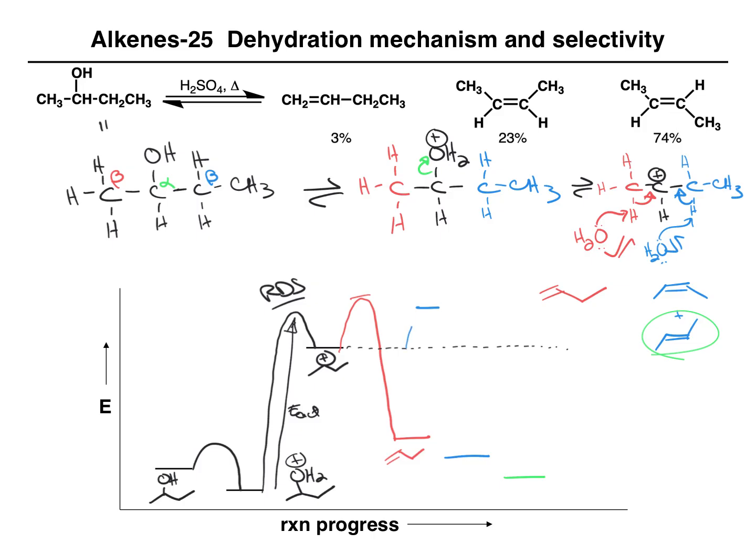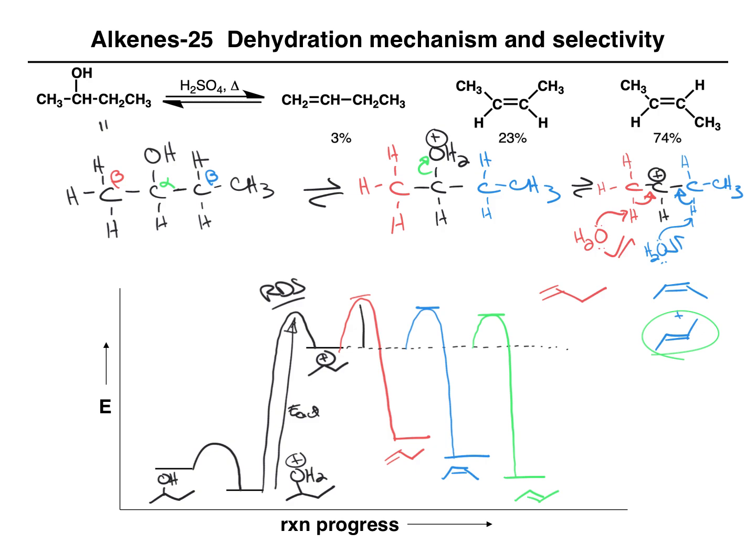And so this reaction pathway is going to look like this, leading to our cis product. And then the green pathway, maybe that transition state is also just a little bit lower than the blue. So our reaction pathway is going to look like this, leading to our trans product.